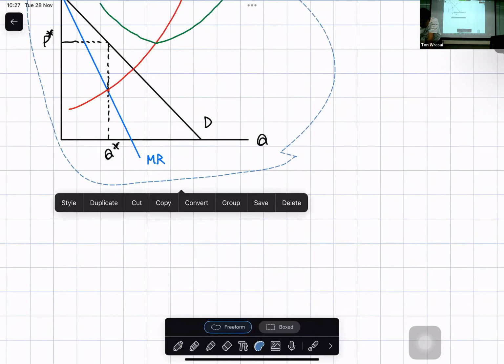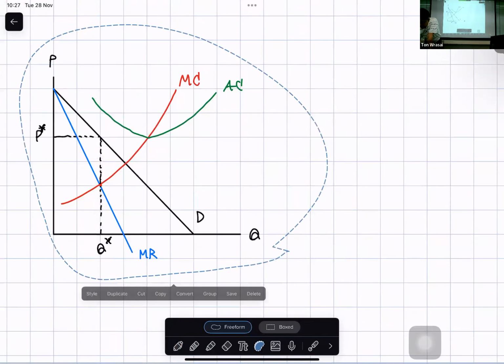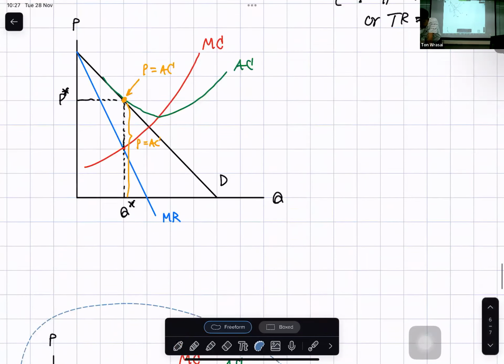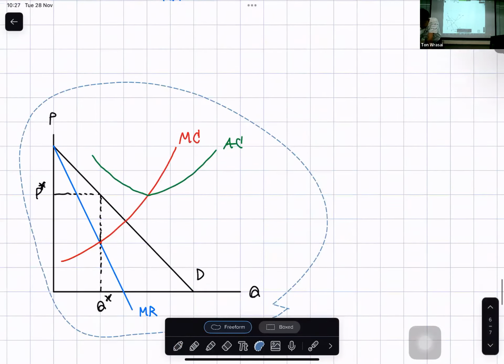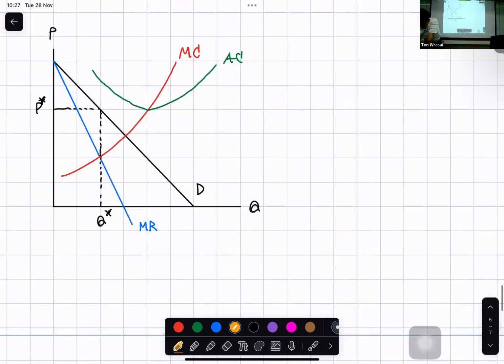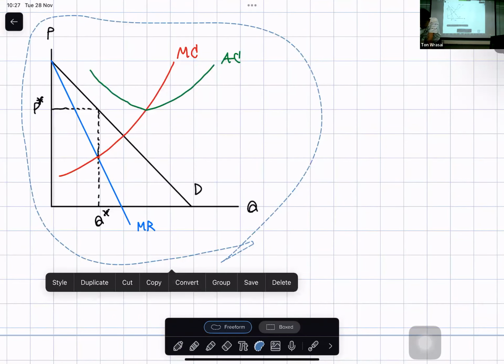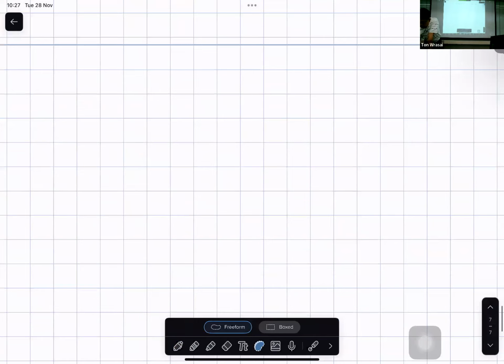Case 3. Let's present the case where this guy may suffer from negative profit.